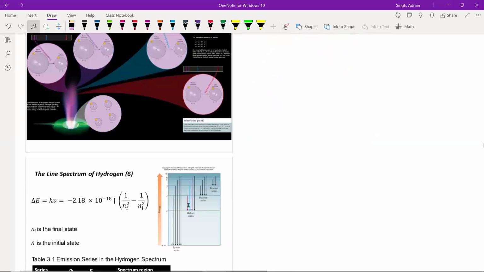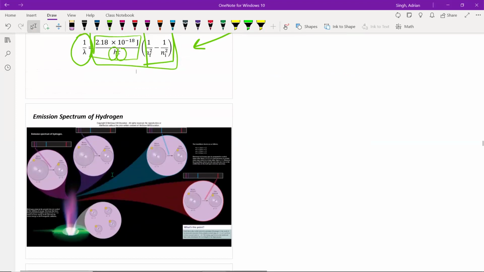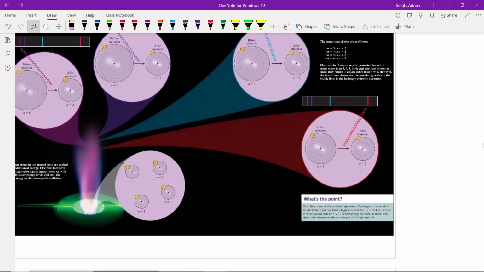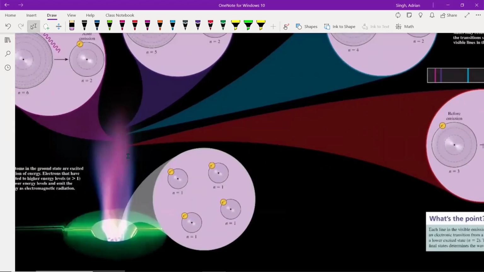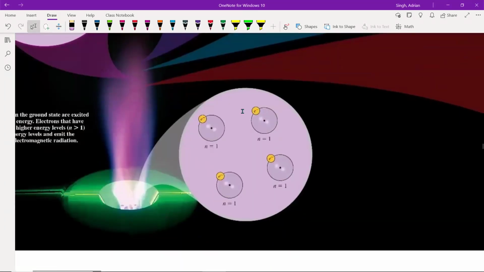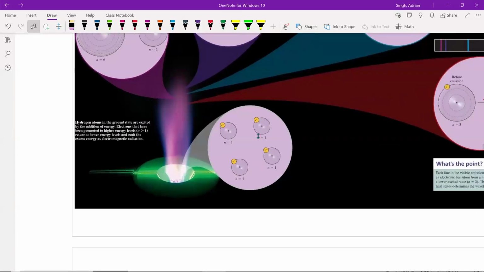So for example, if we take a look at a special case now, or an example of the hydrogen atom. We have here, and this will be a much better depiction compared to my drawings, our hydrogen atoms, right? n equals 1. These electrons are residing in that first orbit or that first energy level. As we zap them with some electricity or some heat, those electrons become excited.